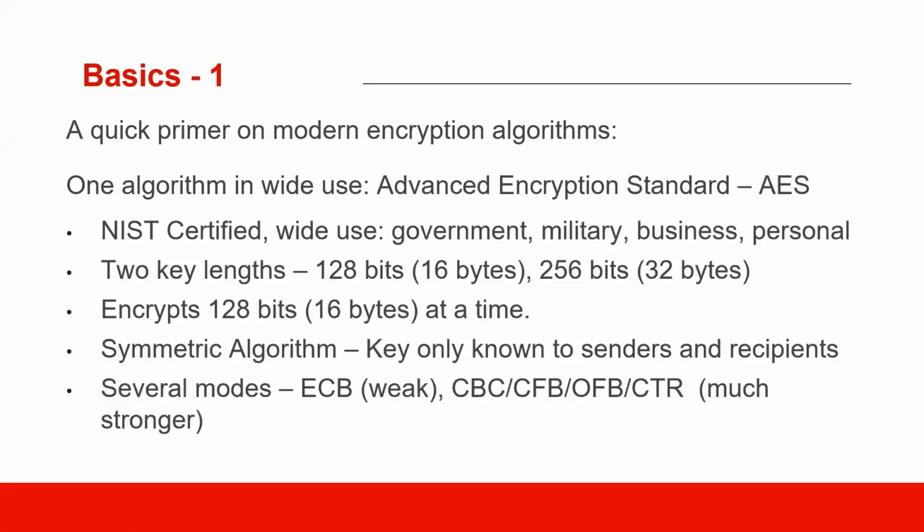As long as you keep your key safe, because this is a symmetric algorithm, which means the sender and receiver use the same key. It encrypts your message, sends it back and forth.